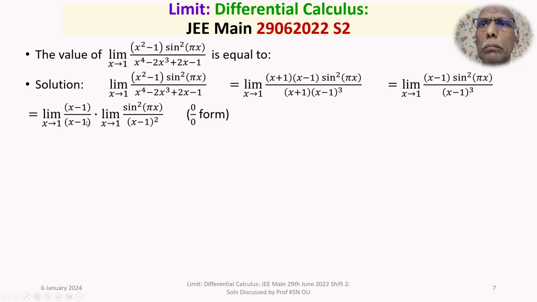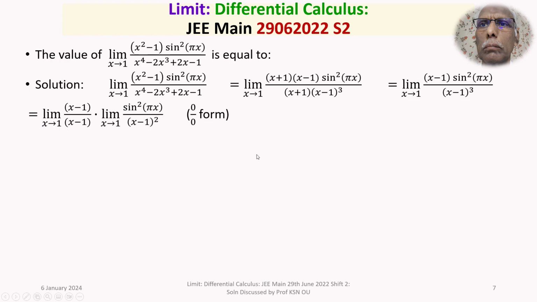As x tends to 1, this is a 0 by 0 form: sine pi x is 0, and the denominator is 0. So use L'Hopital's rule. The derivative of the numerator x minus 1 is 1, and the derivative of the denominator is also 1, so this will be 1 only.